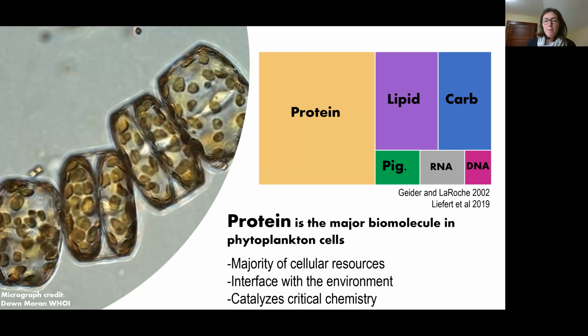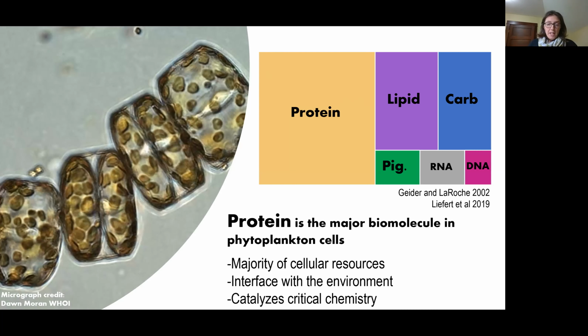So the reason why my group is interested in protein in particular is because protein is the major biomolecule in phytoplankton cells. In this little cartoon here, you can see roughly the breakdown of different biomolecules by mass in a cell, and you can see that protein is the vast majority. What this means is that protein constitutes most of the cellular resources in a cell.